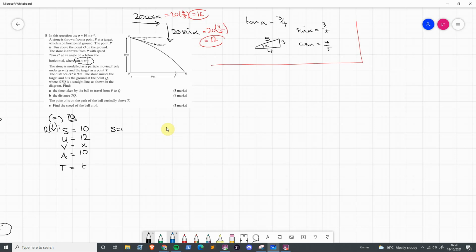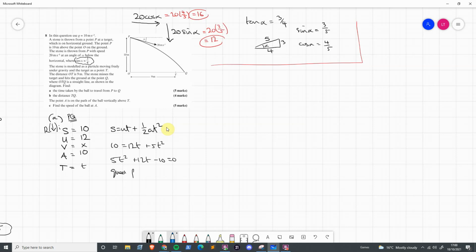So s equals ut plus half at squared. 10 equals 12t plus 5t squared. 5t squared plus 12t minus 10 equals 0. Most likely you can't factorize it in these questions, so just use the quadratic formula.